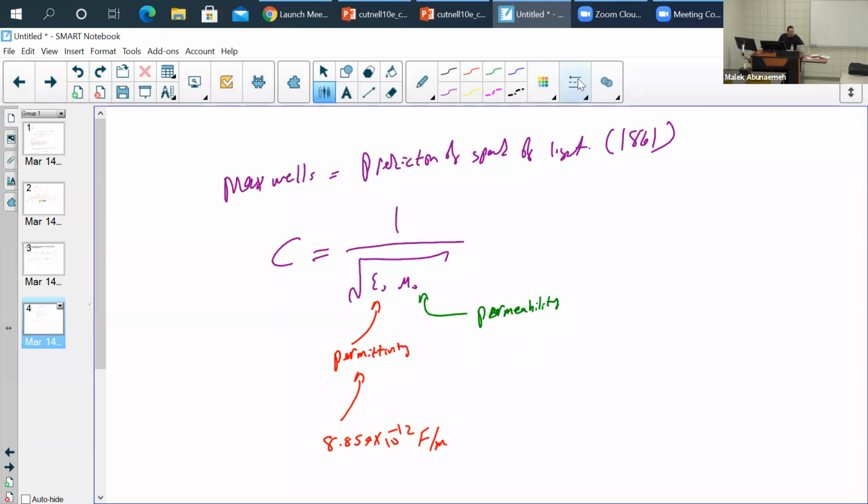And the value for your permeability is 4 pi times 10 to the negative 7 newtons per amp squared.